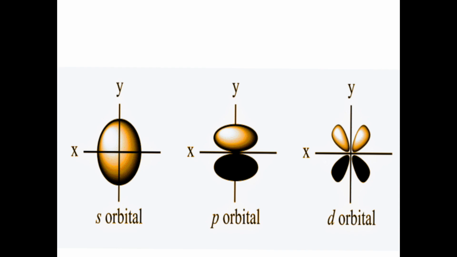The F has a complex shape, and that's why we are not putting it here. So the shapes of these subshells are: S spherical, P dumbbell, D double dumbbell, and F complex. Also know that when it comes to the orbital box, S has a maximum of 2 electrons, P has a maximum of 6 electrons that it can contain, D has 10, and F has 14.